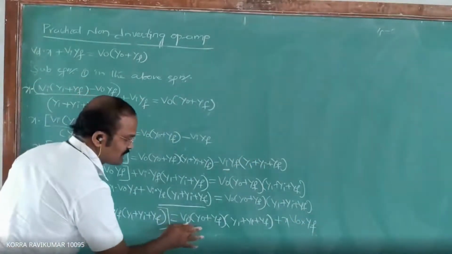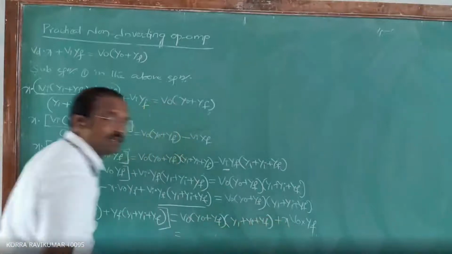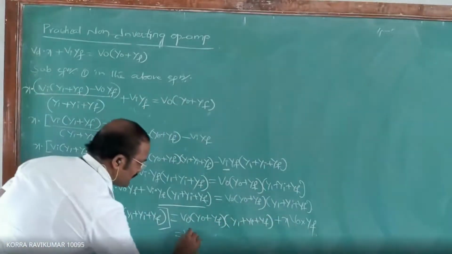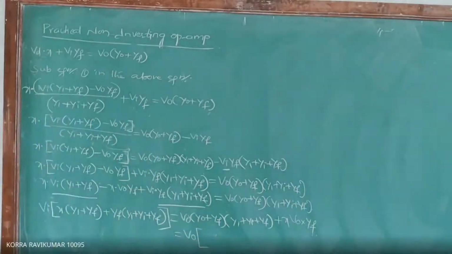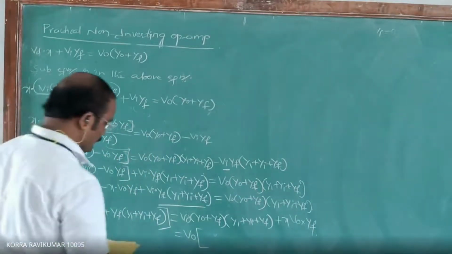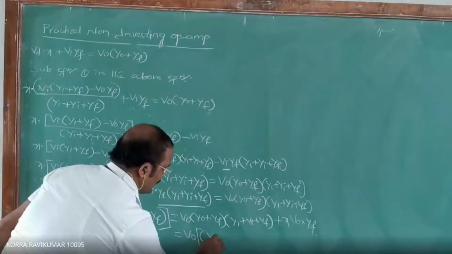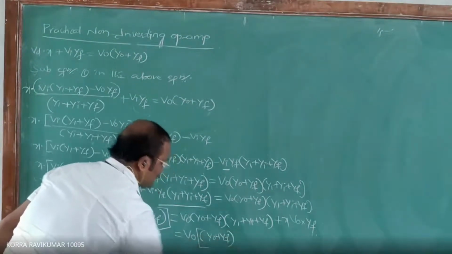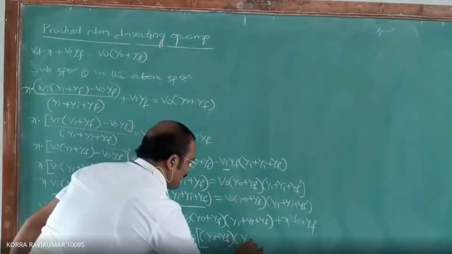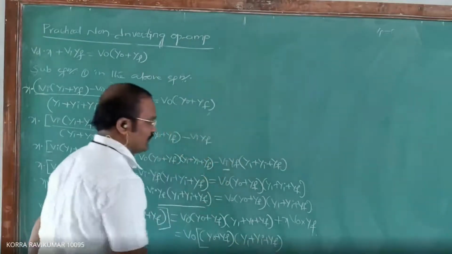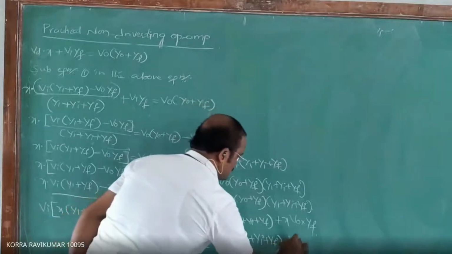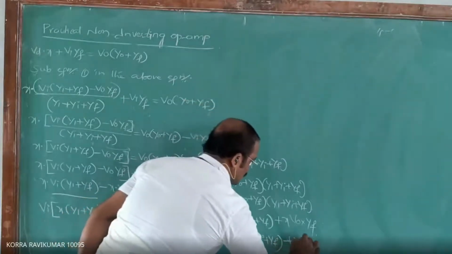Here a V0 term is there, here also a V0 term is there. So take V0 as common. Then the equation becomes (Y0 plus Yf)(Y1 plus Yi plus Yf) plus x into Yf.